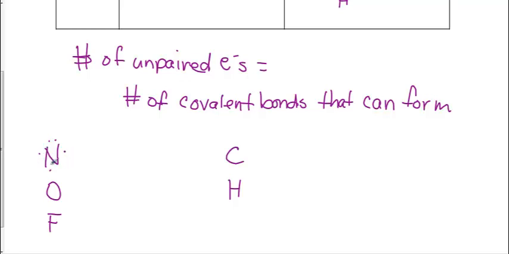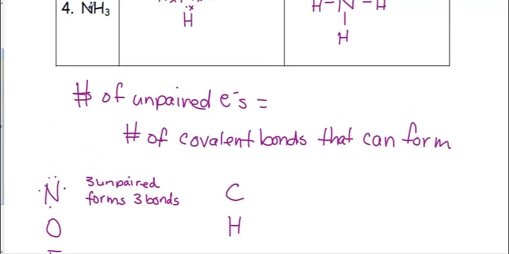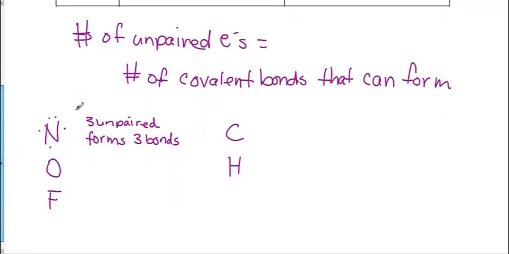4, 5, there's 3 unpaired electrons. 3 unpaired. So that means that it can form 3 bonds with something, okay, like we showed in this example, nitrogen, and then 3 bonds, hydrogen, to form the stable octet.